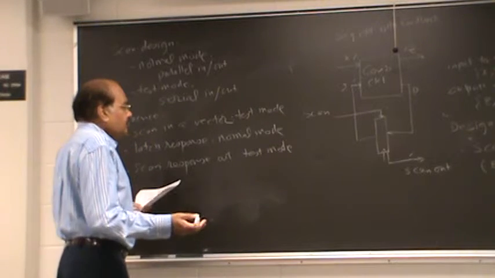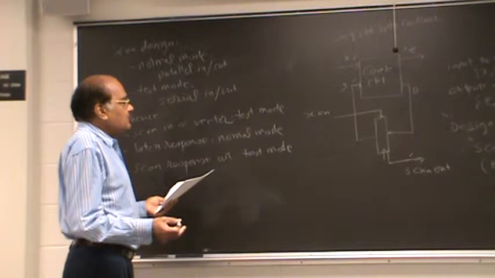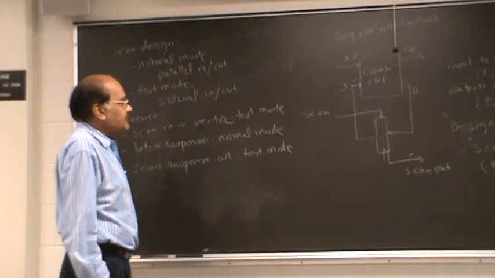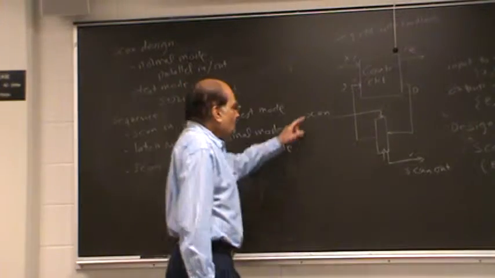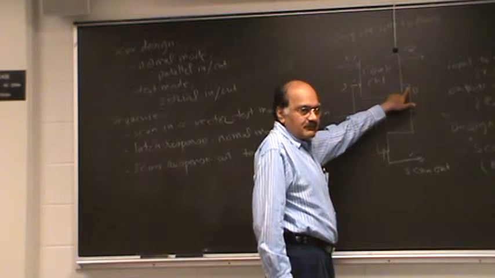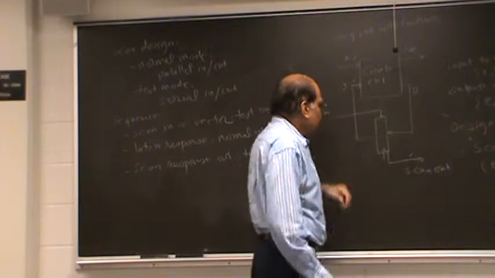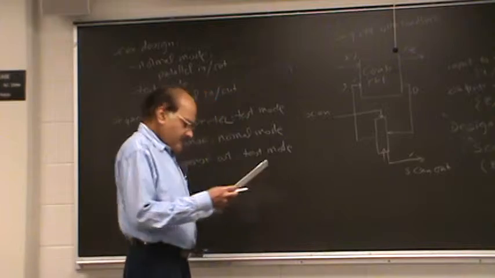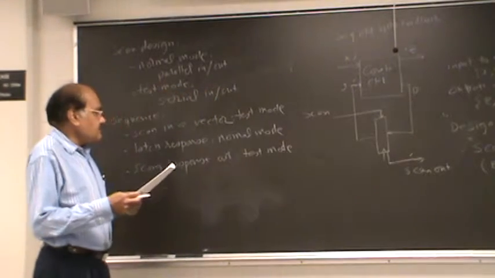And so basically now your problem is that of testing a combinational circuit, because these are directly controllable now and these are directly observable. So it's a problem of testing a combinational circuit.